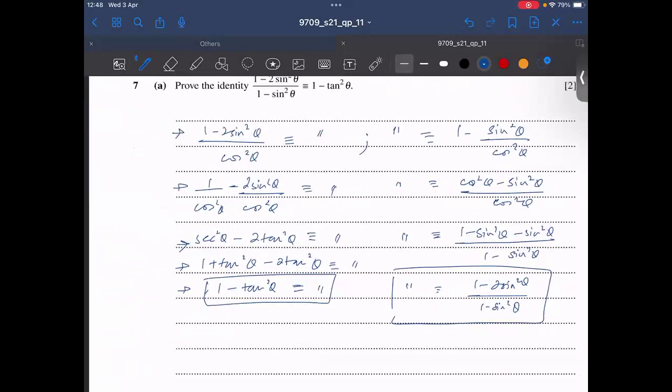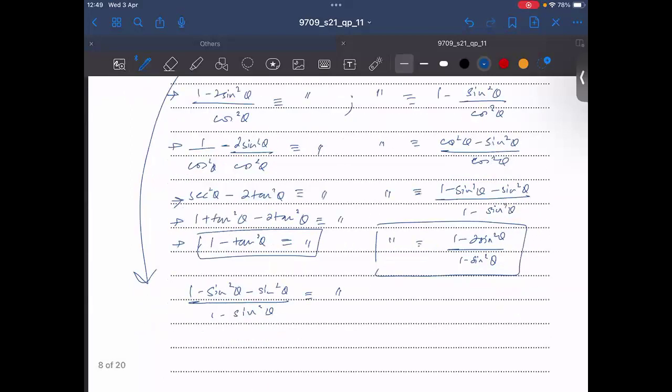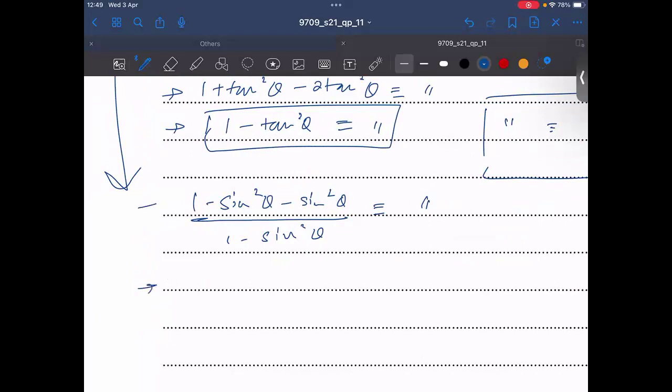You may do it in another way as well. You may just write down this as 1 minus sine square theta minus sine square theta over 1 minus sine square theta. Now you would have separated 1 minus sine square theta over 1 minus sine square theta minus sine square theta over 1 minus sine square theta.